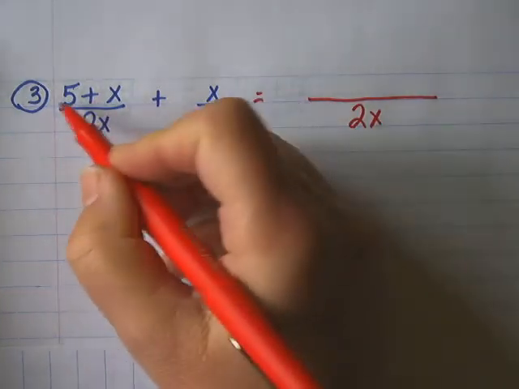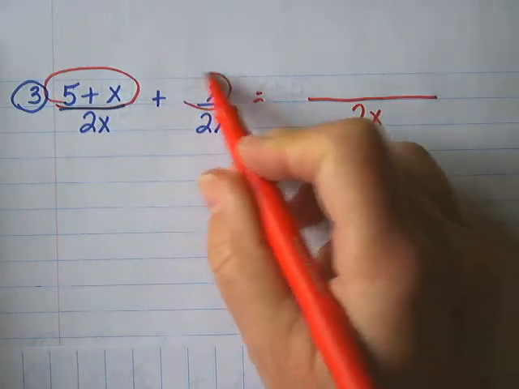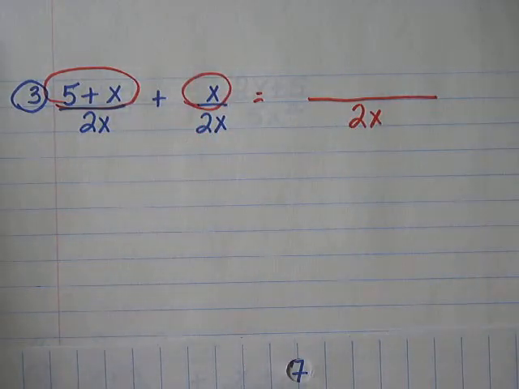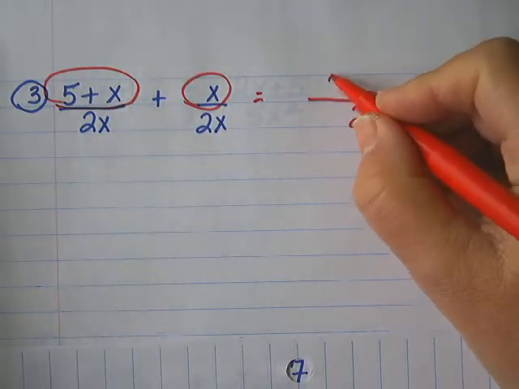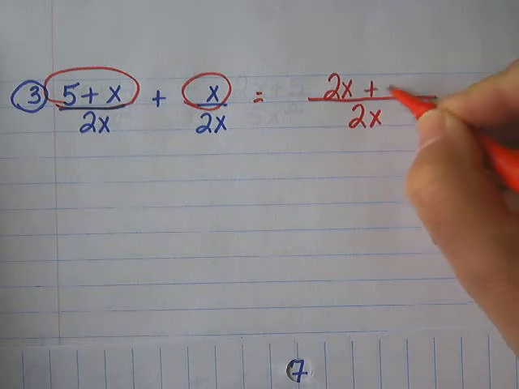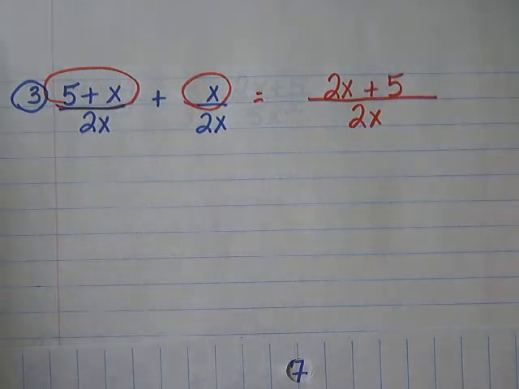We add the numerators, this plus this. I'm not going to write it out the long way. I've got common terms of x and x. So I would have 2x plus 5. You might have written it as 5 plus 2x. Those are the same. Addition is commutative.